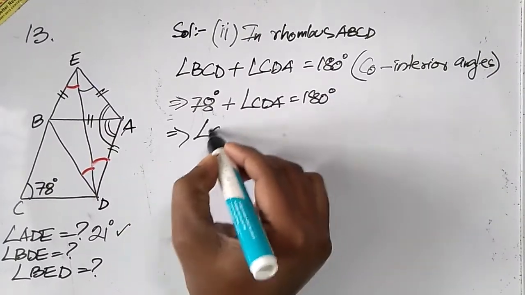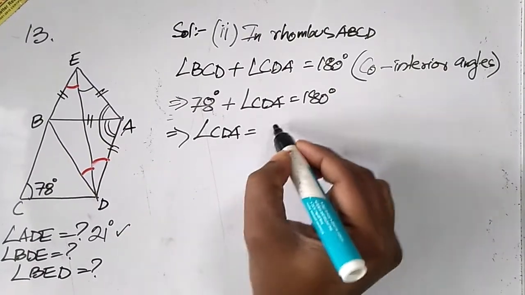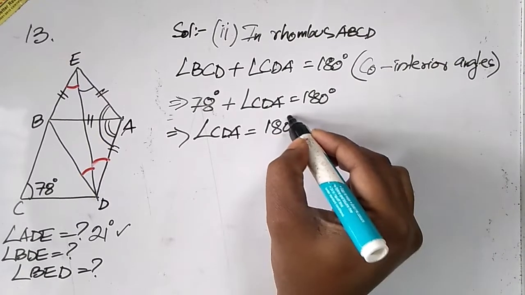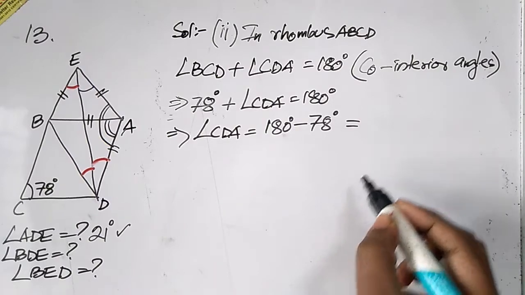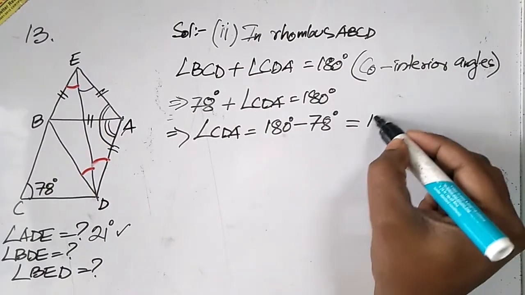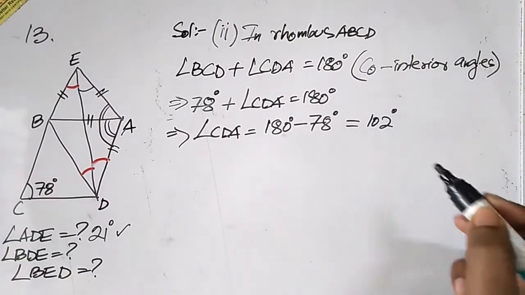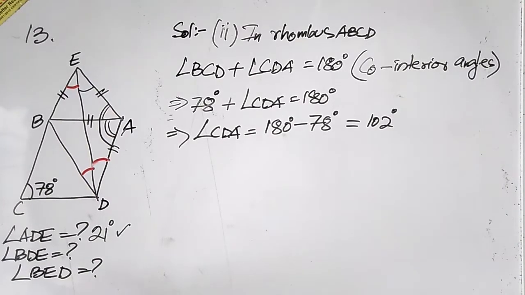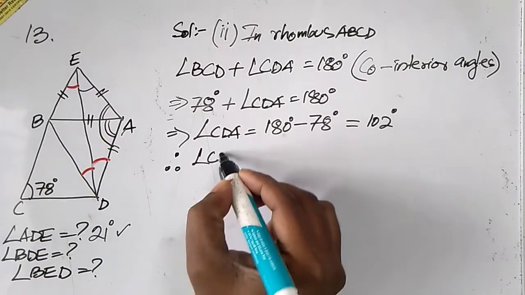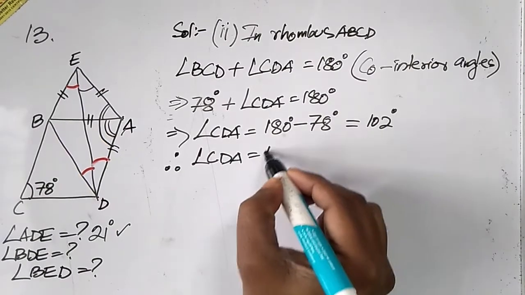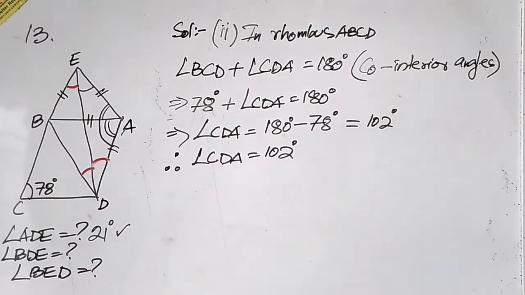We'll make angle CDA the subject, so that becomes 180 degrees minus 78 degrees, and 180 minus 78 is going to be how much? I think 102 degrees. Yes, 102 is correct. So we come to the conclusion that angle CDA is equal to 102 degrees.